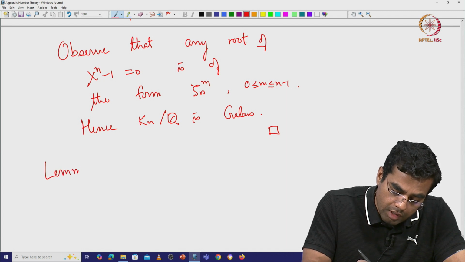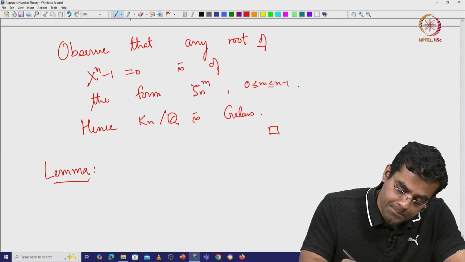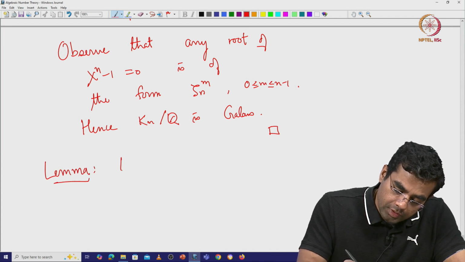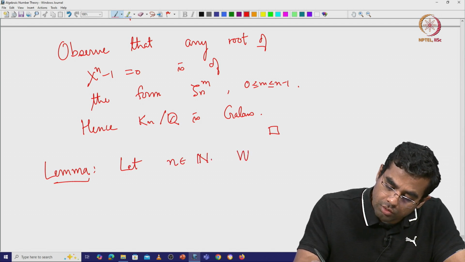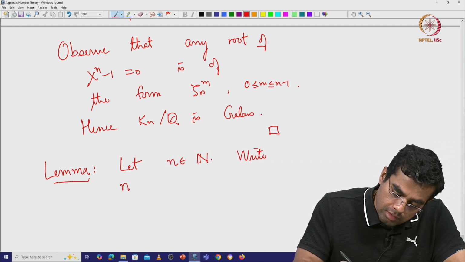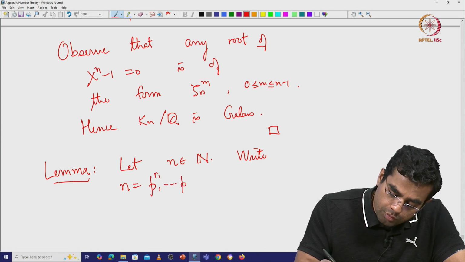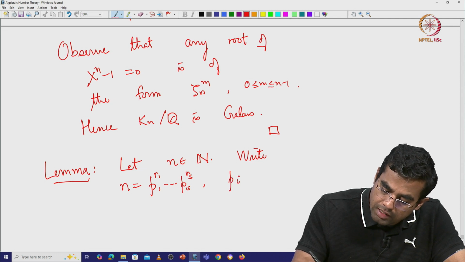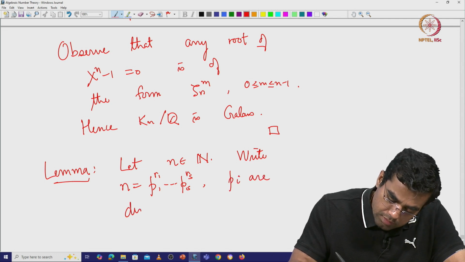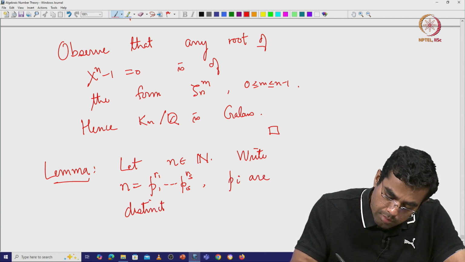Lemma: let n be a positive integer, and write n as p_1 to the r_1 up to p_s to the r_s, where the p_i are distinct primes.